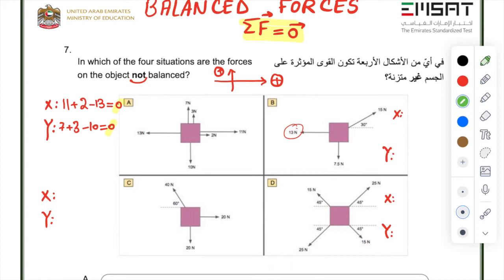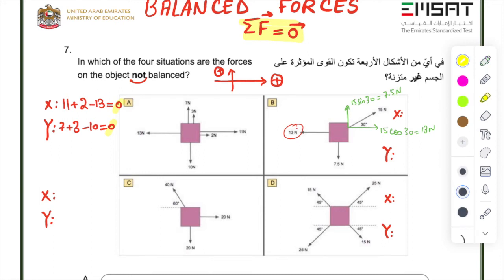So here it's crucial to divide it into components, taking 15 cosine 30 and upward 15 sine 30. 15 cosine of 30 will give me around 13 Newton, and 15 sine 30 gives me 7.5 Newton.